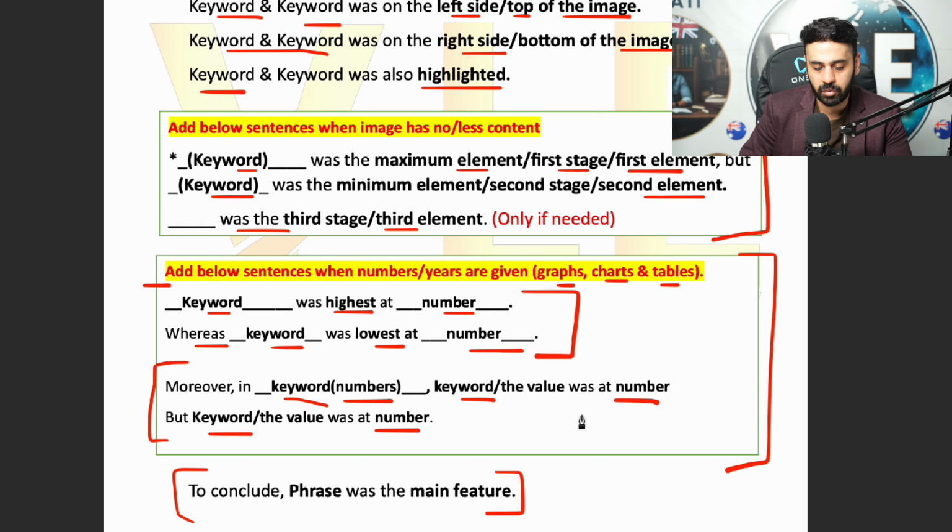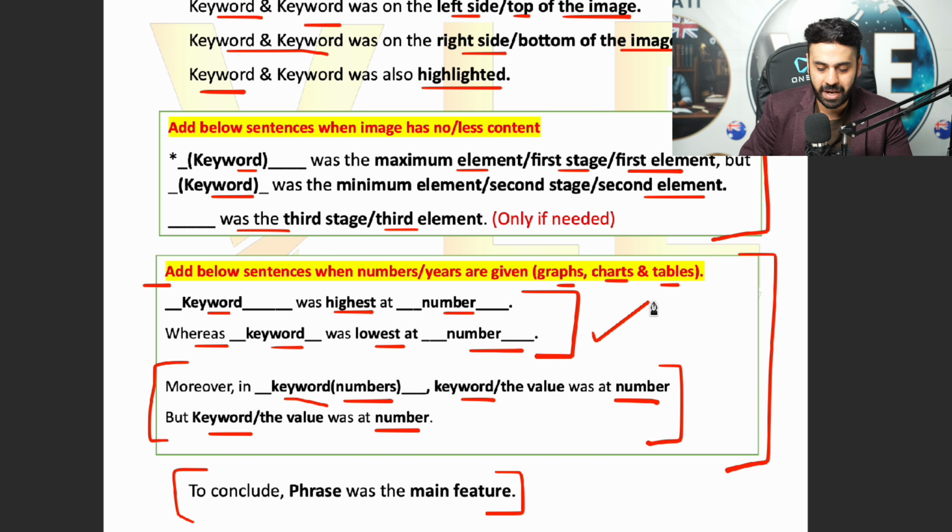So let's say they have given you a year, let's say 2000, where they have given you a figure for cars and a figure for bikes. You will say in 2000 the car figure was at a certain number, whereas the bikes figure was at a certain number. This is another trend you need to include.